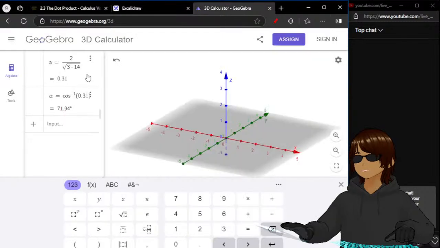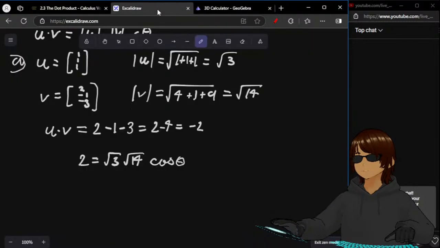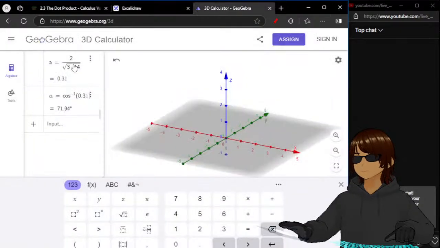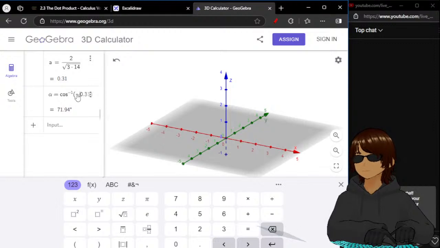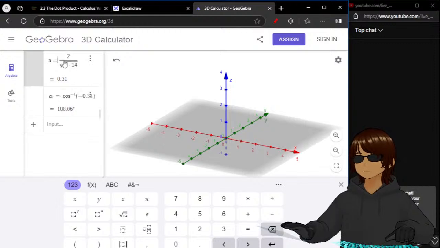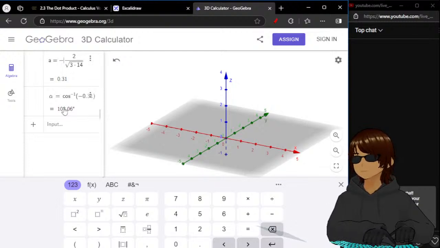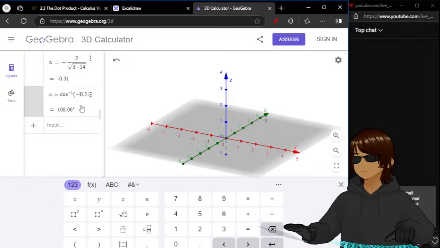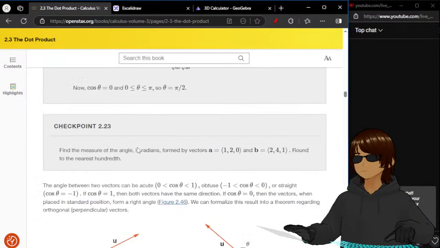They say minus 2. Why is it? Oh, yeah, it's minus 2. Should be minus. So 108 degrees.